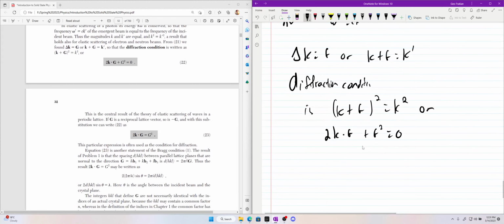This is the central result of the theory of elastic scattering of waves in a periodic lattice. G is a reciprocal lattice vector, and so is negative G. So with this substitution, we can write this as 2k dot G equals G squared, since if G is a lattice vector, so too is negative G, because of the translation property.